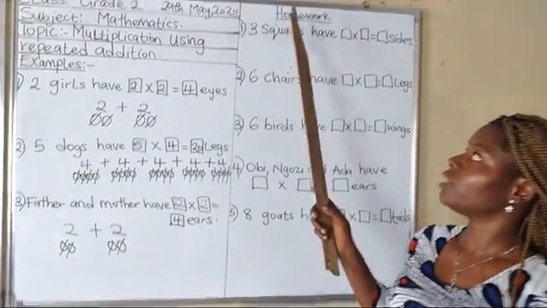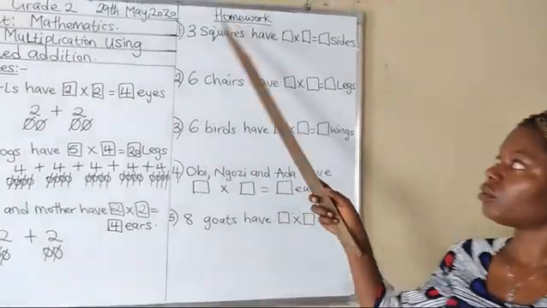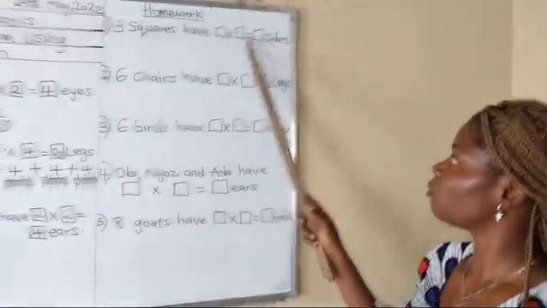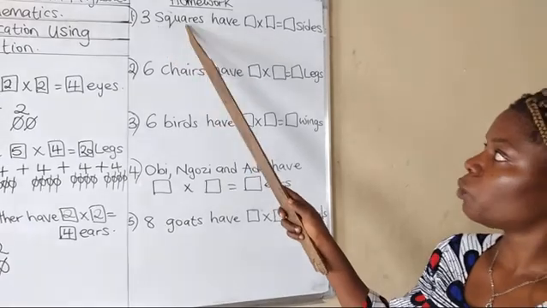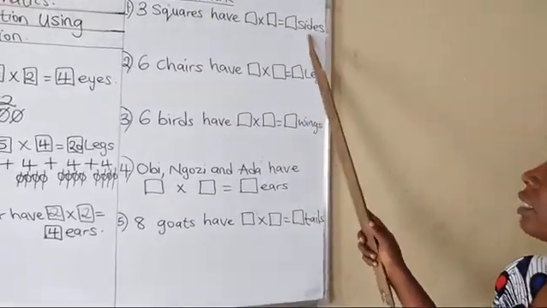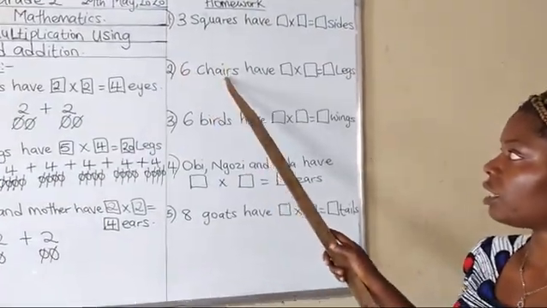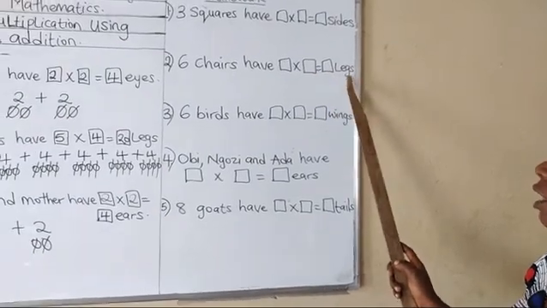Okay. Then we move over to today's homework. Number one question says, 3 squares have box times box equal to box sides. Number two, 6 chairs have box times box equal to box legs.